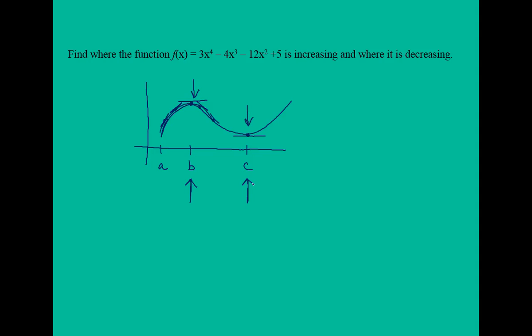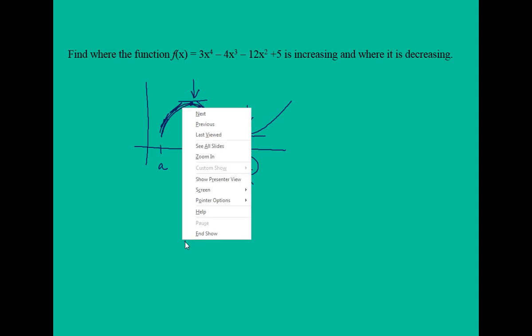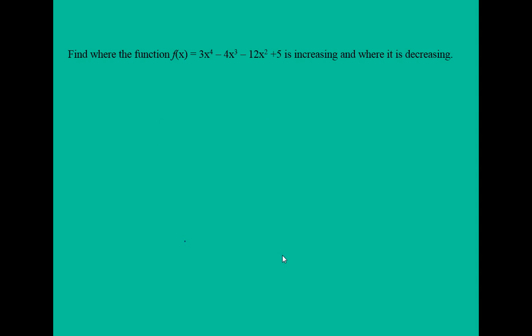So let's set the derivative equal to 0, and then we can find these values where the slope of the tangent lines are 0, and then we can analyze if the slope of the tangent lines change. Then we can determine if they're positive or negative, and we can then determine the intervals where it's increasing and the intervals where it's decreasing.